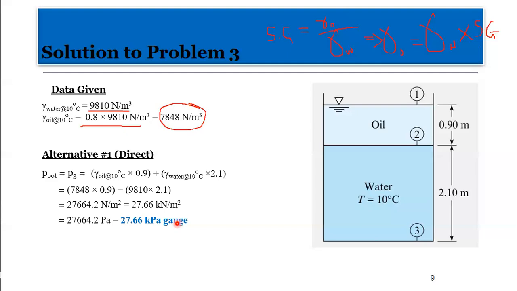So as your assignment, not necessarily an assignment for you to submit, just try this. Pause the video, okay? And then try using the alternative 2 approach, and let's see how best we can do that using the hydrostatic equation within the fluid. So I'm pausing for like a minute. All right.